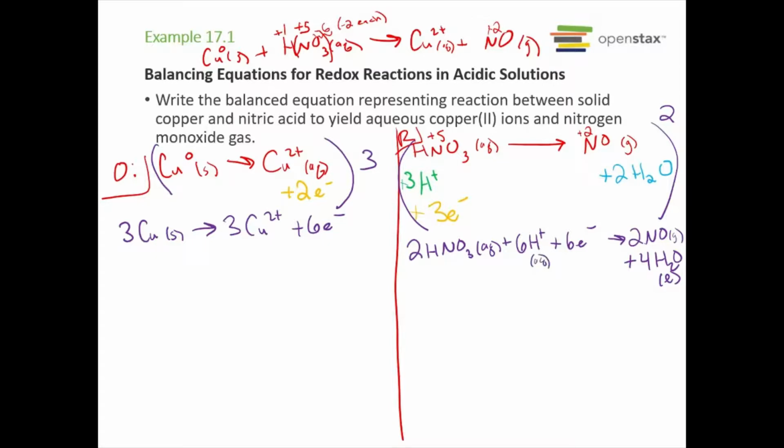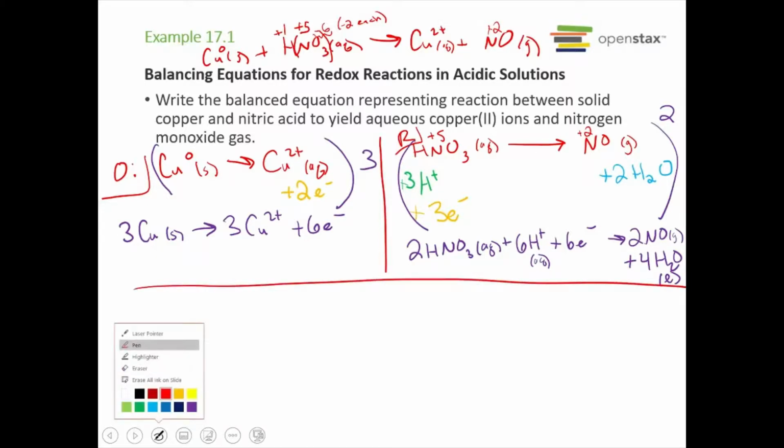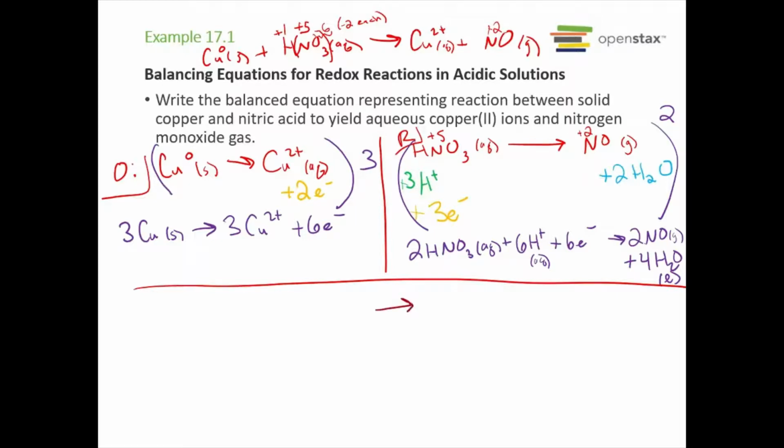Okay, now our next step is to take these 2 half reactions and put them together. So I'm going to first erase this line down the middle and redraw it. So we need to combine everything. Let's go ahead and use dark red. What I like to do is draw my 2 arrows for my half reactions and have the arrows lining up for adding them together. Not everyone likes to put them on top of each other.